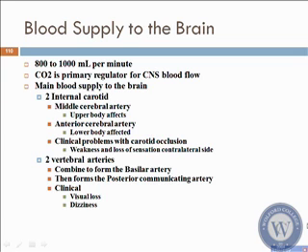But if you increase CO2 levels, it immediately causes an increase in cerebral blood flow. If you decrease CO2 levels below the normal 40, then you get cerebral vasoconstriction. Eventually, when you reach a CO2 of 20, you cause such intense cerebral vasoconstriction that you can actually stop all blood flow to the brain, which is very dangerous, to say the least.